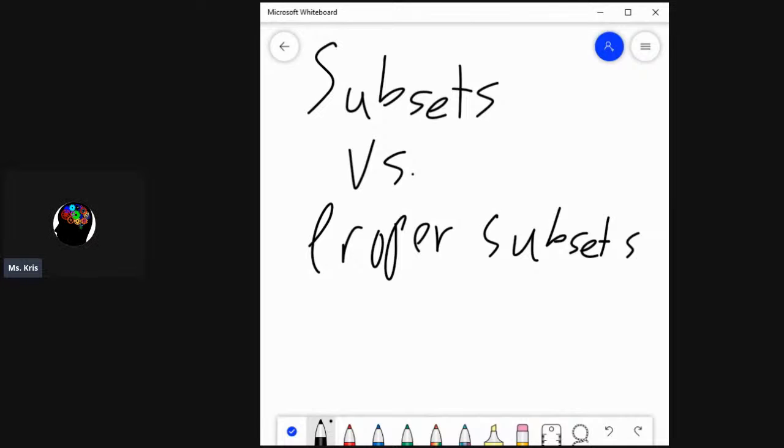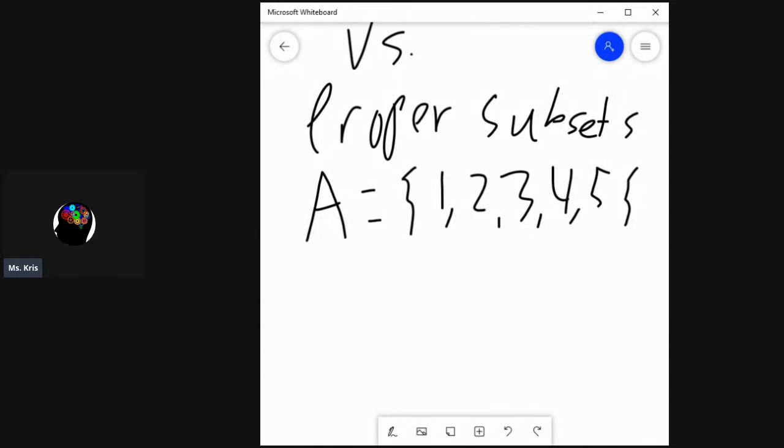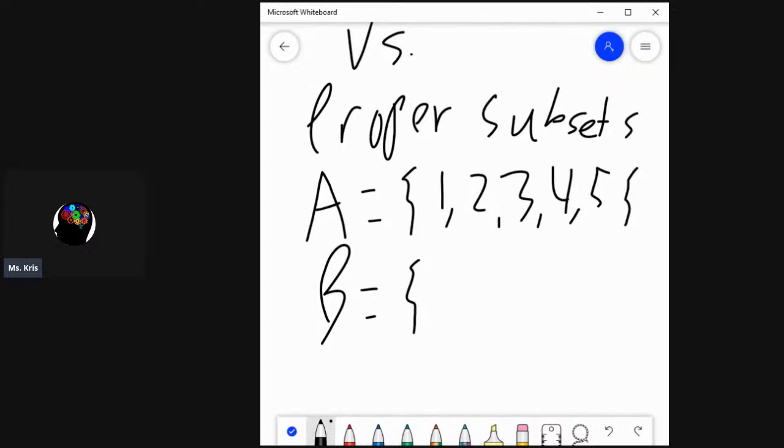Now, say for instance, A equals 1, 2, 3, 4, 5. And B equals 1, 2, 3, 4, 5.